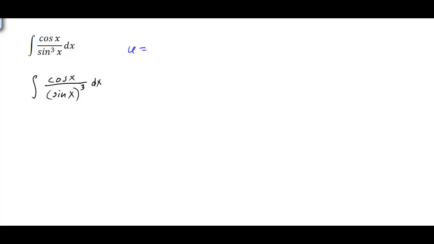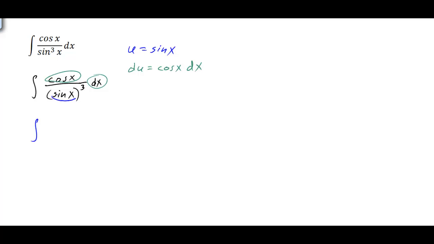So if I write it this way, you can clearly see that this inside function might be our sine of x. So if I let u equal sine of x, this inside part here, then du, the derivative of sine, is cosine x dx. And if we look up here, we do have what? Cosine x dx would be our du.